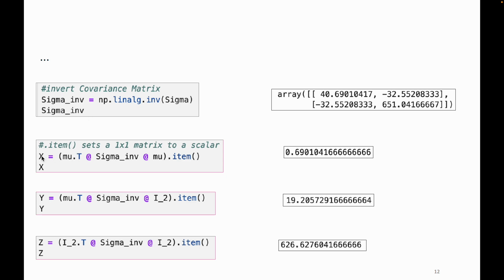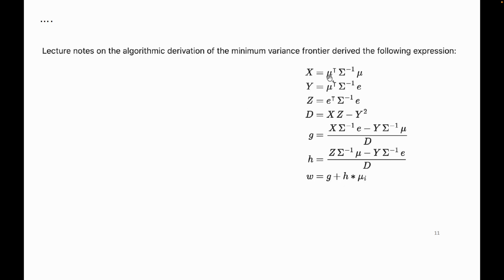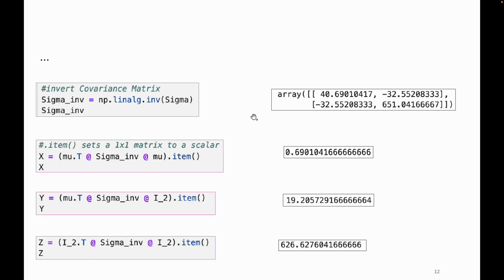Now the next thing we want to compute are these x, y, and z. So we look at the formula. x is mu transpose sigma inverse times mu, and that's exactly what we are translating here in the code. And you see how well we can compare what the code is doing relative to what the algorithm tells us to do. So therefore, please always use notation very similar to the algorithm that underlies your coding.